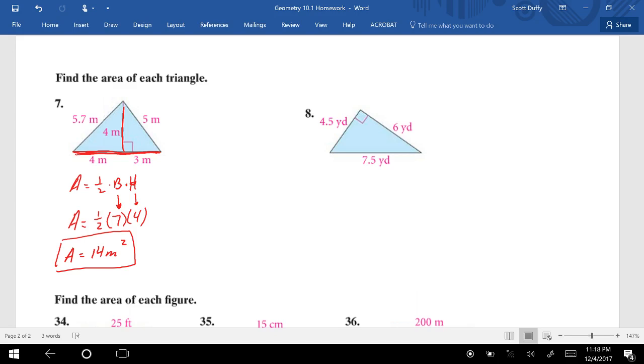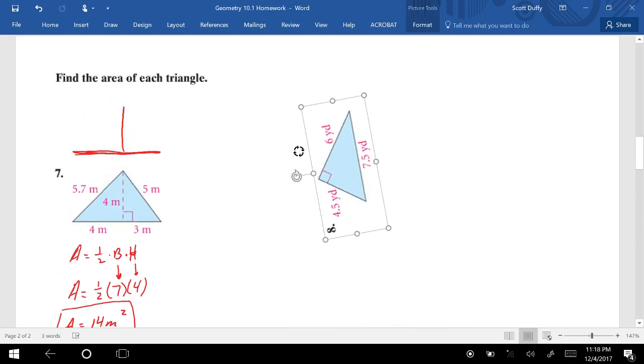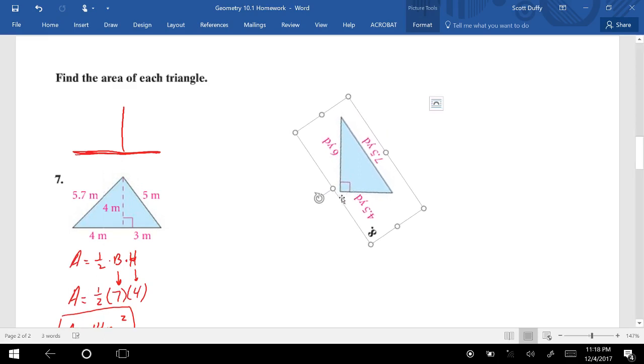Going to number 8. This is done very similar, except the thing is, if you turn this the right way, you can see that we have a base and a height perpendicular to it.